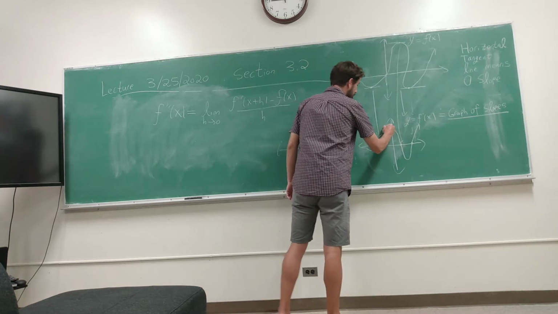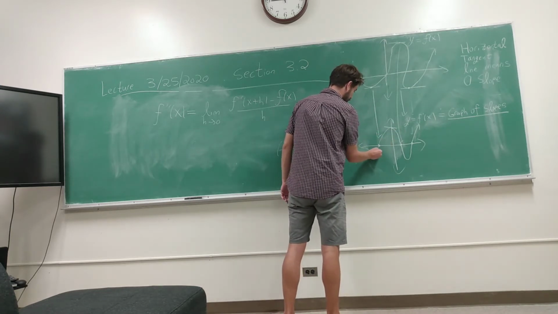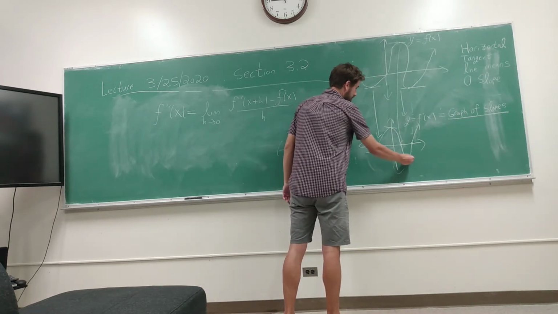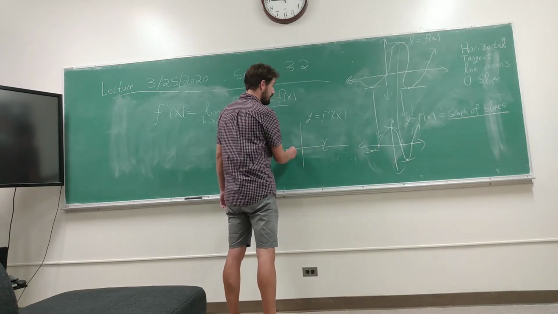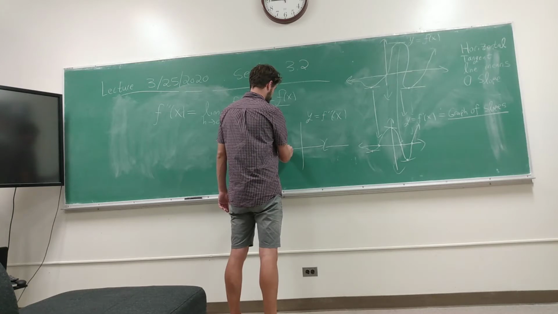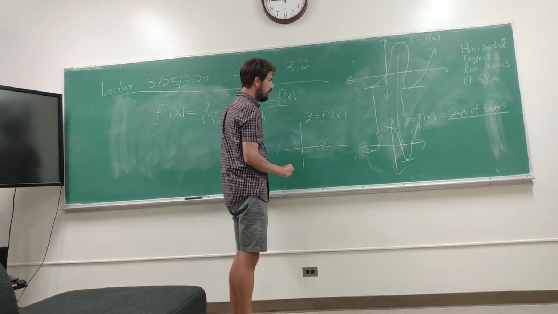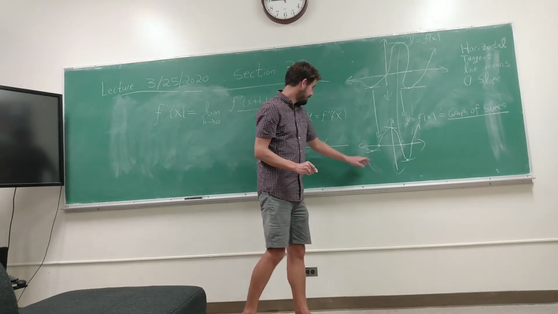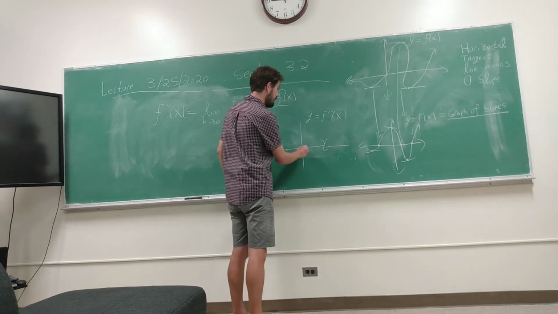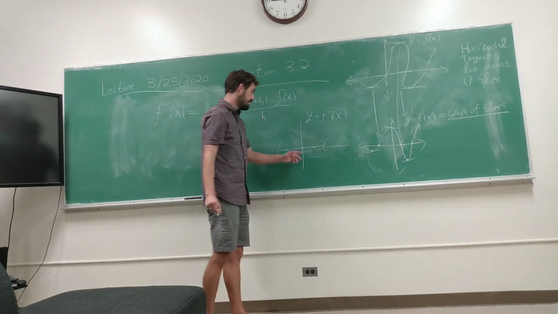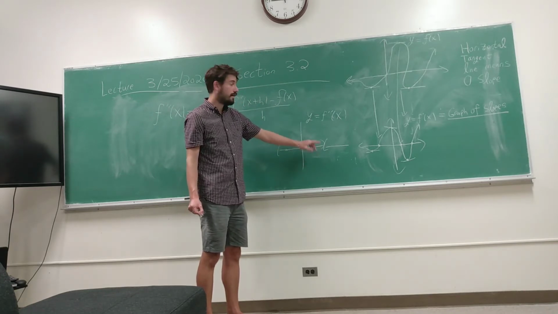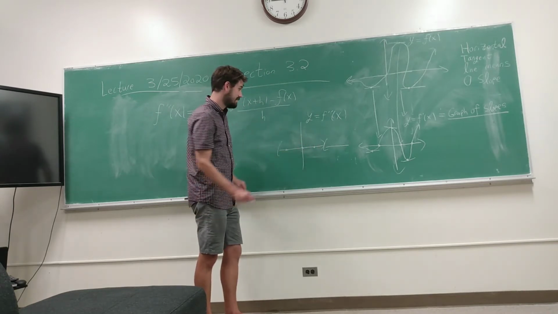As we see, the derivative function has a peak here, a horizontal tangent line here, and here. So these 3 points are where f double prime has to cross the x-axis.